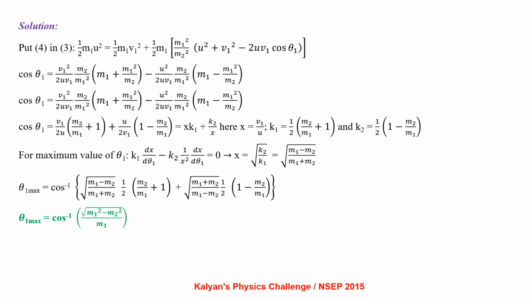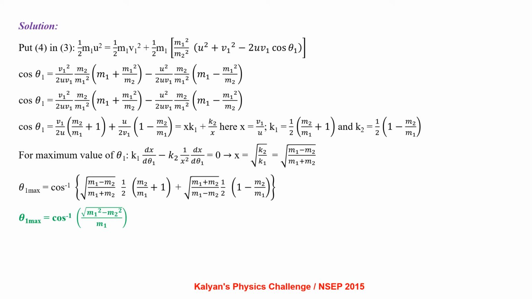For maximum value of theta 1, k1 dx by d theta 1 minus k2 by x square dx by d theta 1 equal to 0. That is x equal to root k2 by k1, that is root of m1 minus m2 by m1 plus m2.